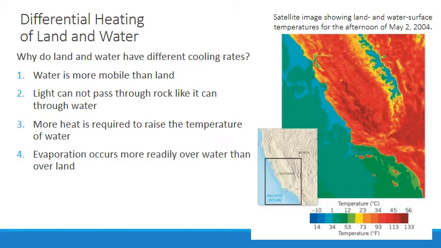The greatest contrast, however, is not between different land surfaces, but between land and water. The figure in this slide illustrates that idea nicely. It shows a satellite image of temperatures in portions of Nevada and California and the adjacent Pacific Ocean on an afternoon in early May of 2004.